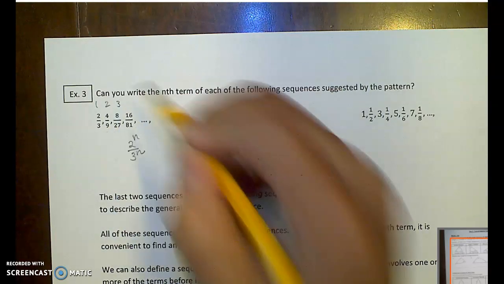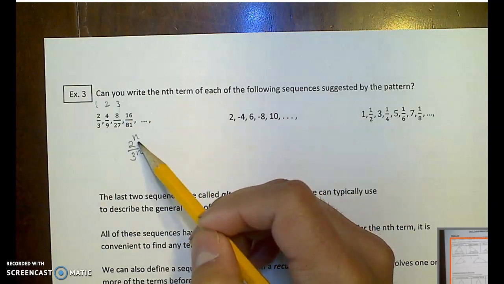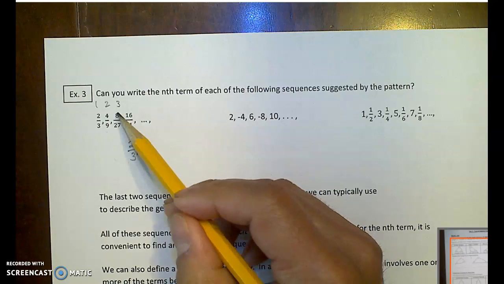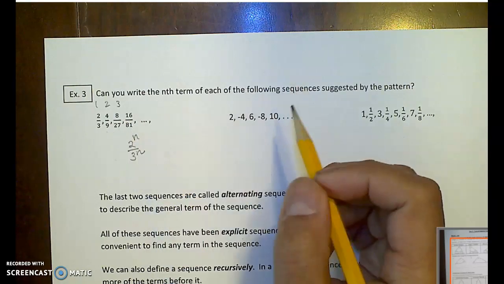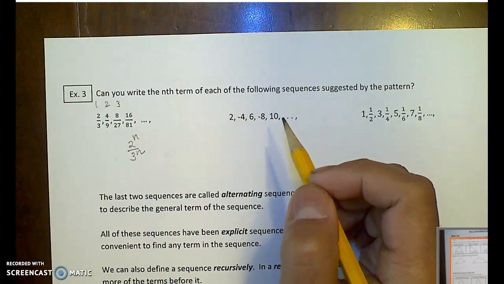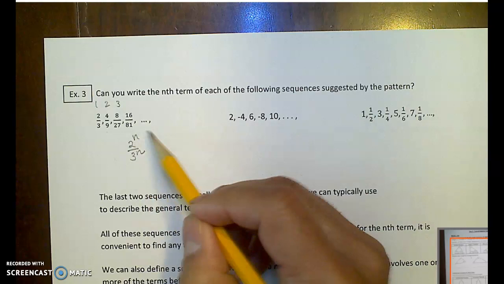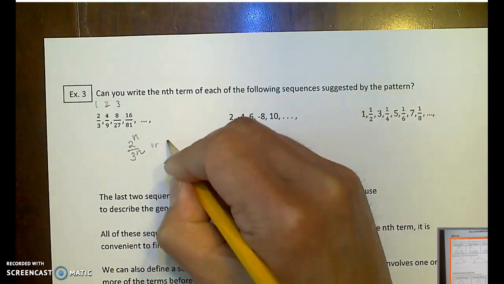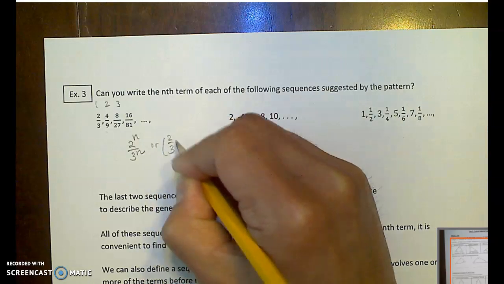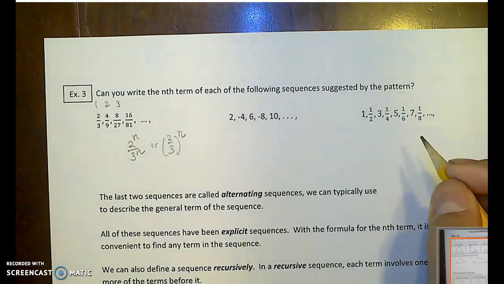Just one more to test it. 3 represents the third term, so when I plug in 3 for n, I get 2 to the third power, which is 8, over 3 to the third power, which is 27. So that is the pattern. Here we have an expression that represents the nth term, or we can write this in another way, 2/3 to the nth power.